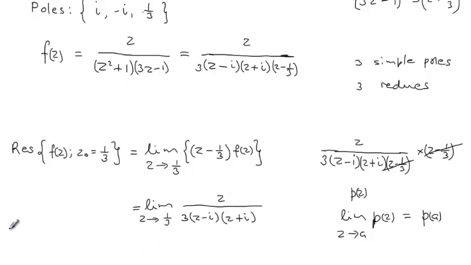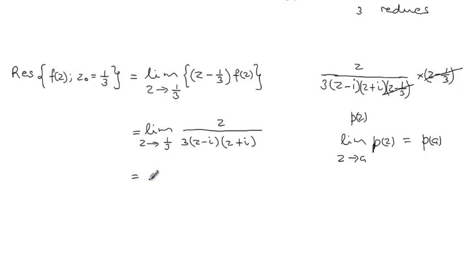In this case, it equals 1/3 over 3 times (1/3 − i) times (1/3 + i).